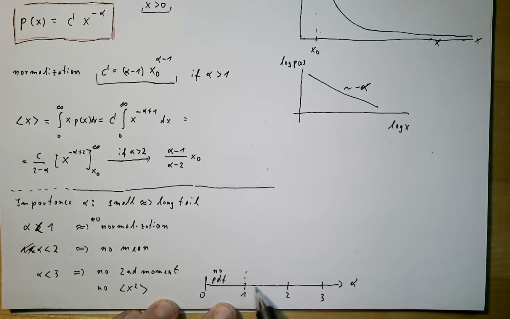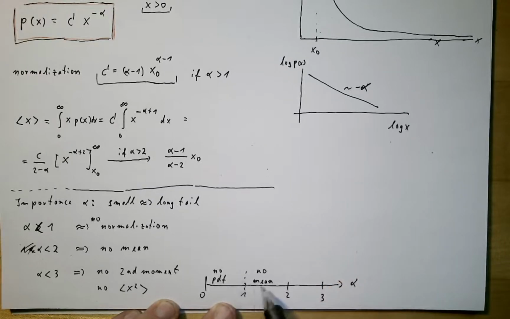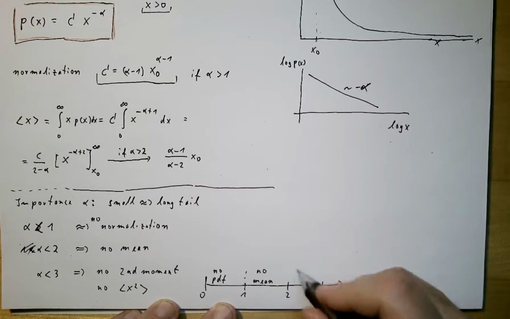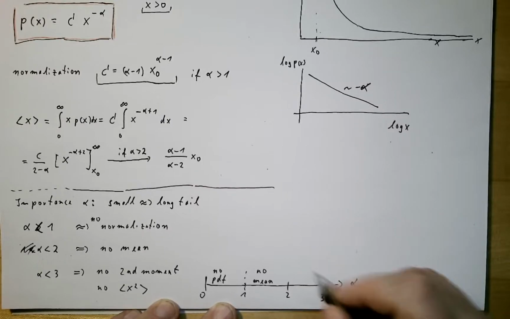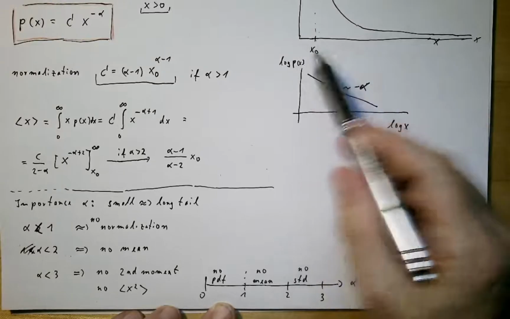Now if alpha is larger than 1 but smaller than 2, then we have no mean value. This means we have a probability distribution, but we don't have a typical size of a random variable because the mean doesn't exist. If alpha is between 2 and 3, we have no second moment, no standard deviation.